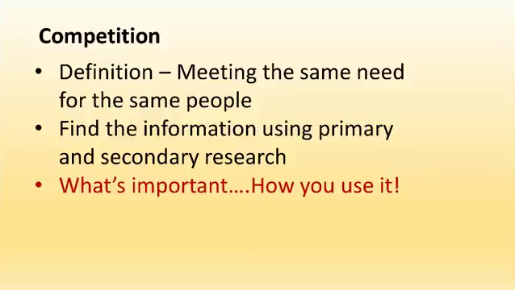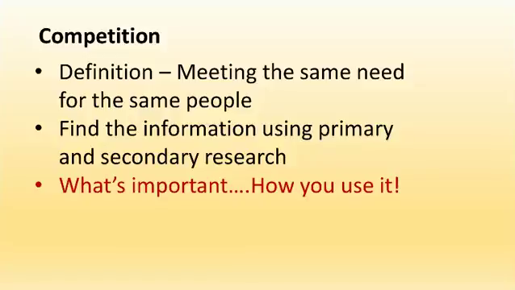So one of the things that we talked about in terms of identifying information about competition is looking at primary and secondary research. Primary, talking to consumers or individuals that are out in the marketplace making purchases, talking to business owners that are in that type of business that's already selling the same products and services that you're looking at trying to market, and doing the secondary research, we can uncover that information about competition.